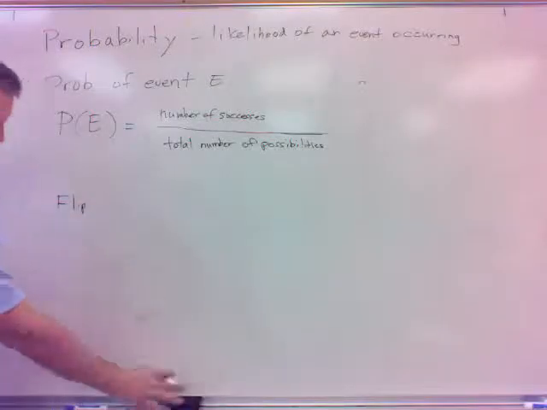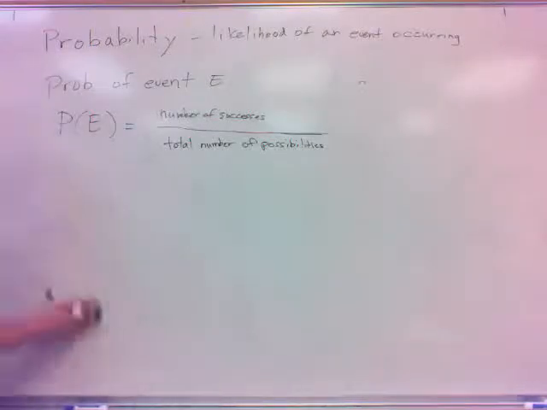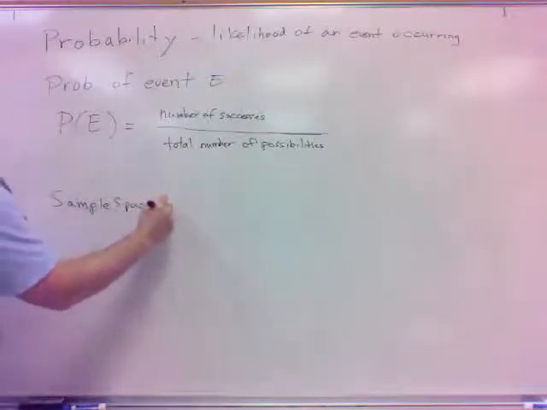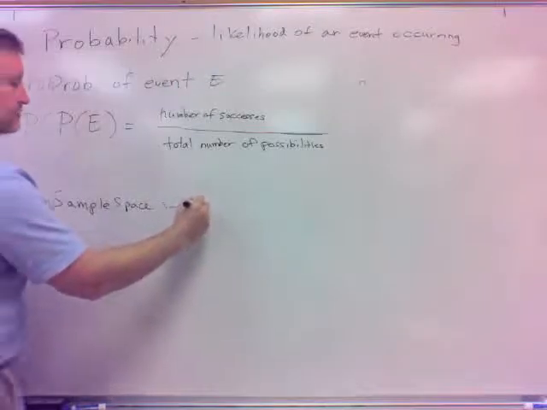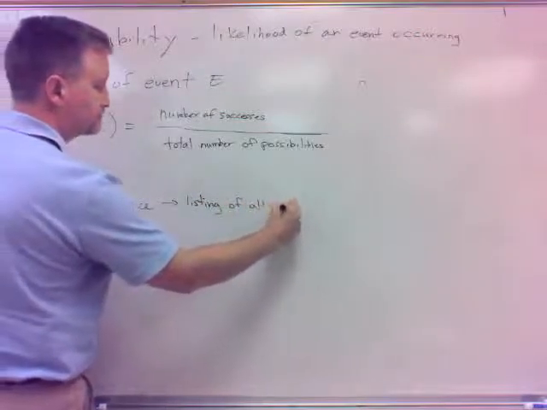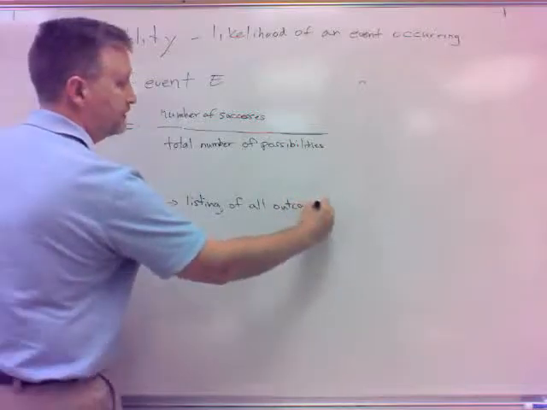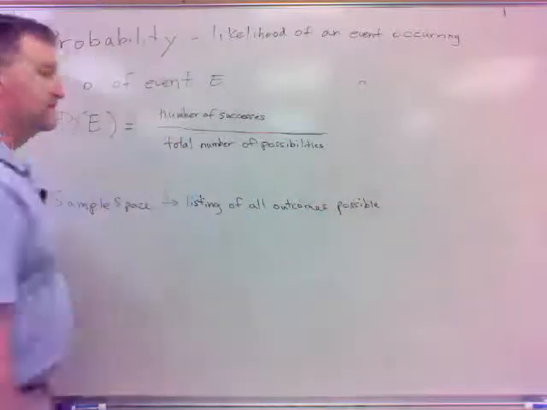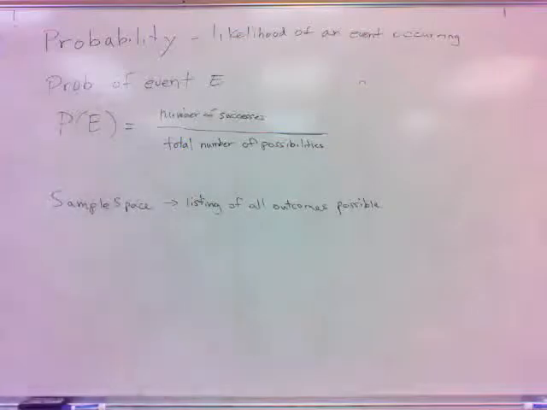Another definition is the sample space. A sample space is just a listing of all the possible outcomes, and that's tied in to the number of possibilities.